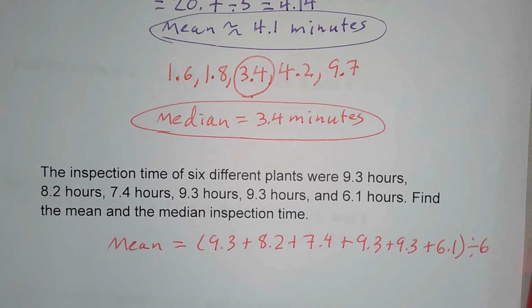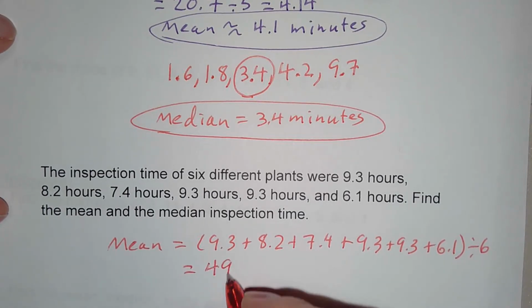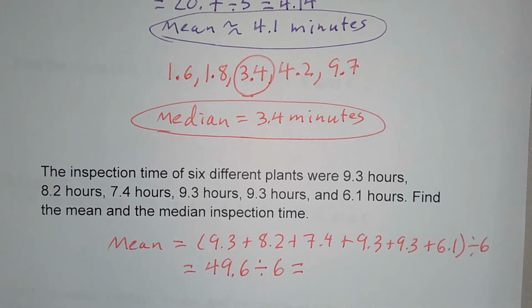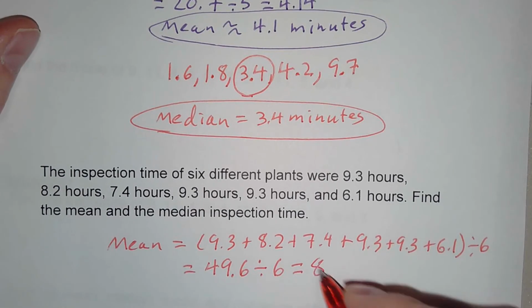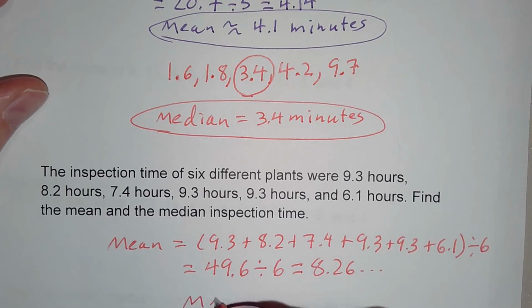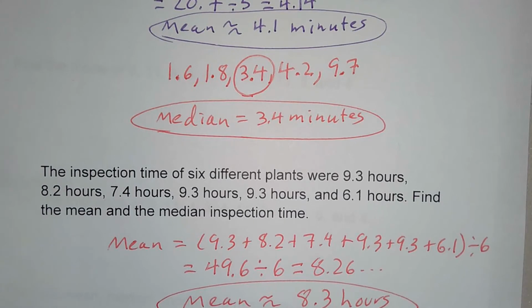If you add those 6 numbers up on your calculator, it should give you 49.6. Divide by 6. That will give you 8.26 dot dot dot. So we'll just round that off. So our mean would be 8.3 hours.